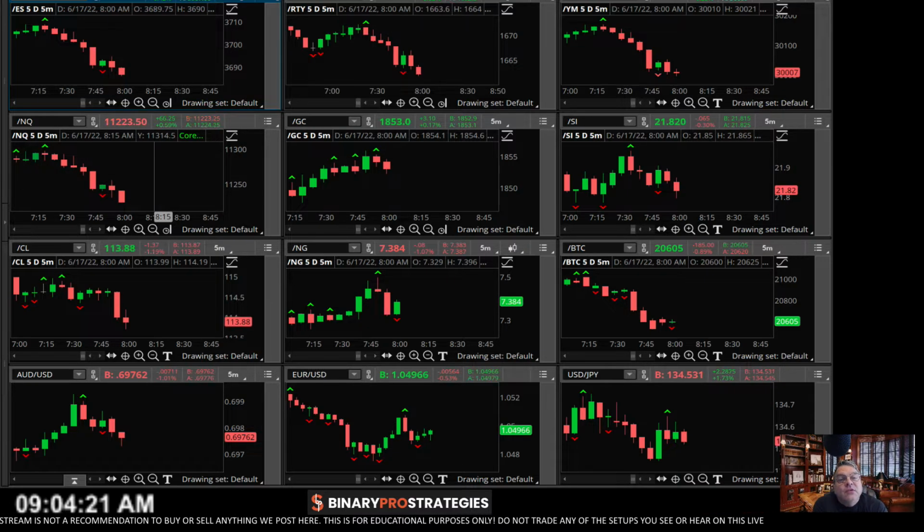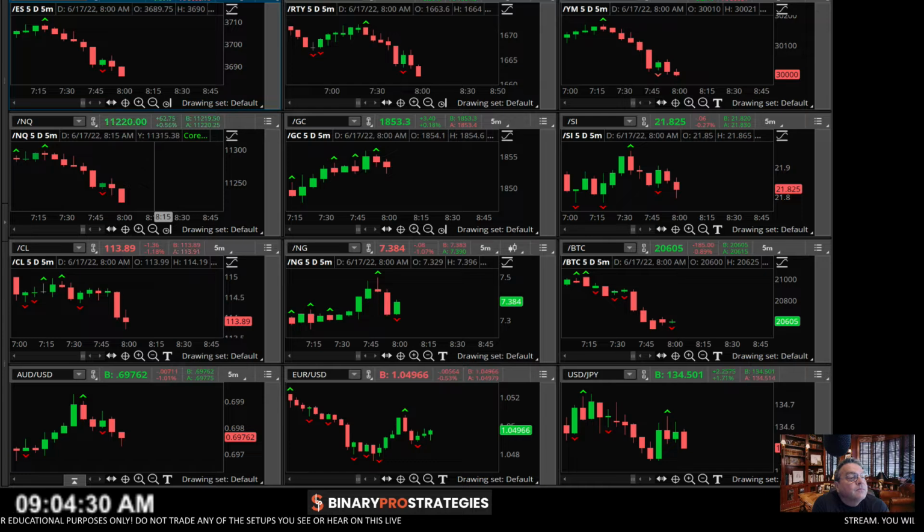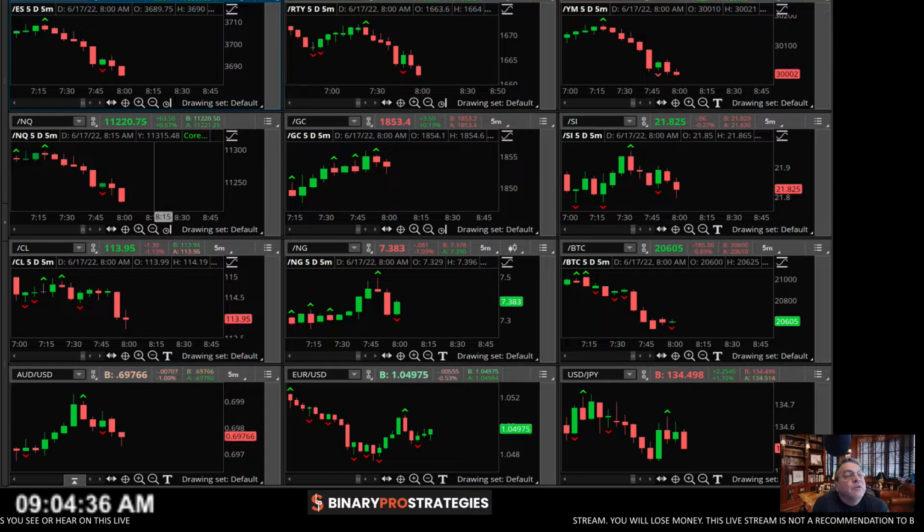Watching ES, we may be getting a potential short on ES, which is our mini S&P. YM has already started in a short. Now NQ is getting a short. NQ, which is your mini NASDAQ, is having a short in here. So let's get a profit target on that.